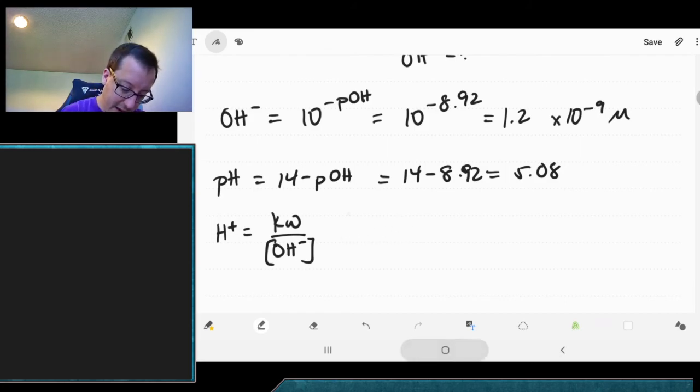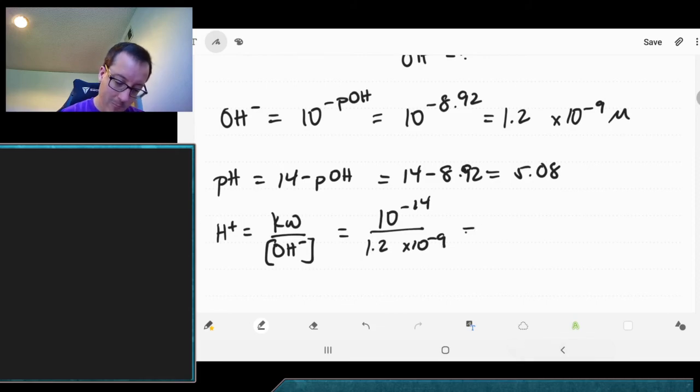So let's try it first with Kw. We've calculated our OH concentration. So let's see, 10 to the 14 divided by 1.2 e negative 9 gives us 8.3 times 10 to the negative 6th.